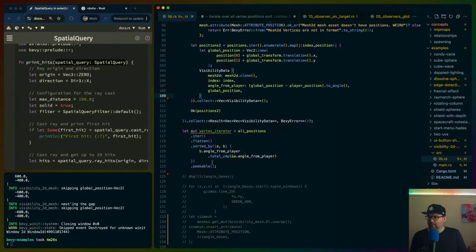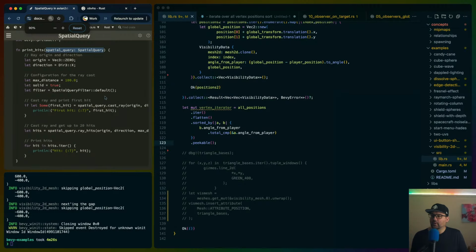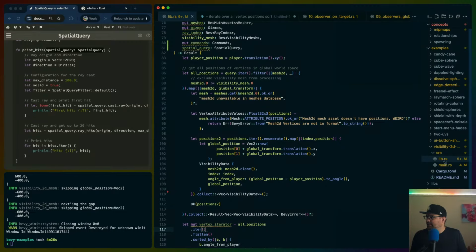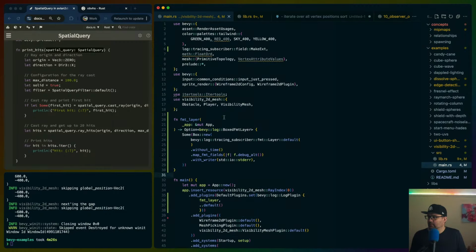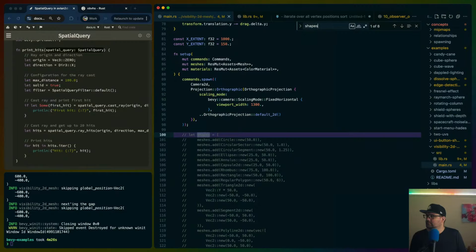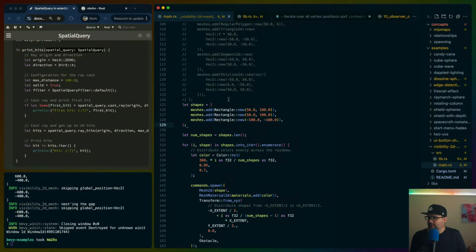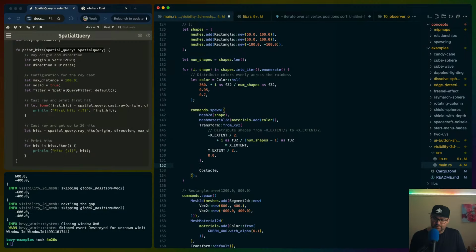So we have some code written here. This is technically all of the vertices sorted by angle. So let's just see what we can do here. The shapes, if we're going to do it this way, need to have something, right?